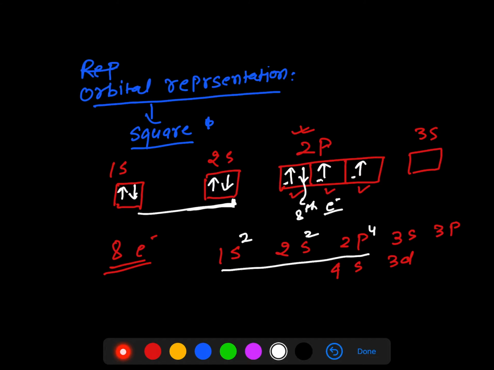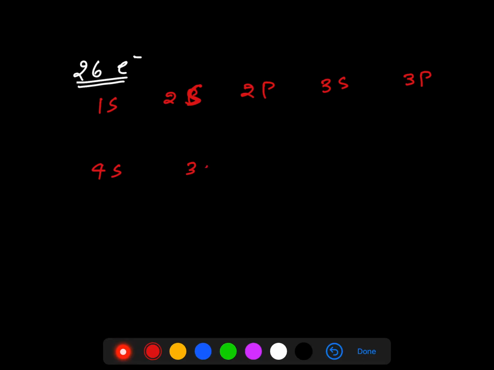We'll take one more example. Suppose that we are to arrange 26 electrons. Let's try to arrange 26 electrons, right? So we have this order from the Aufbau principle. Right, this is the order we have.